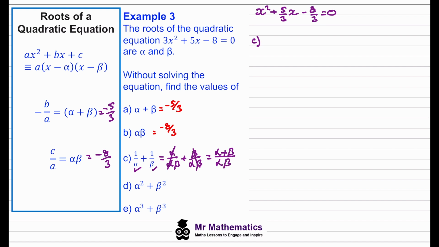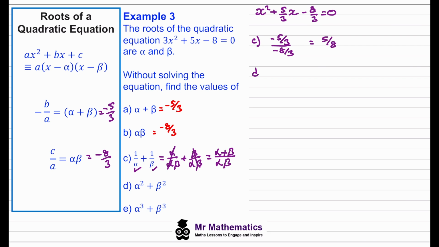So for part C, we know alpha plus beta is negative 5 over 3. And this is divided by alpha beta, or negative 8 over 3. We'll multiply both by the 3, and we'll cancel out the negative, so we get 5/8.